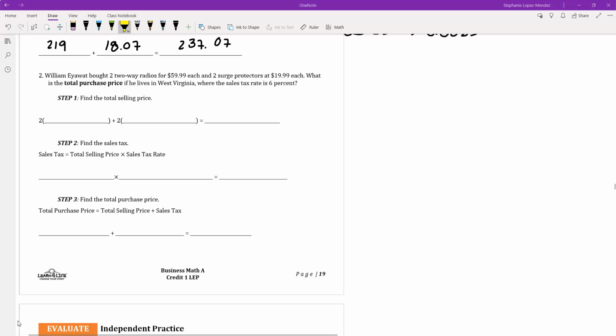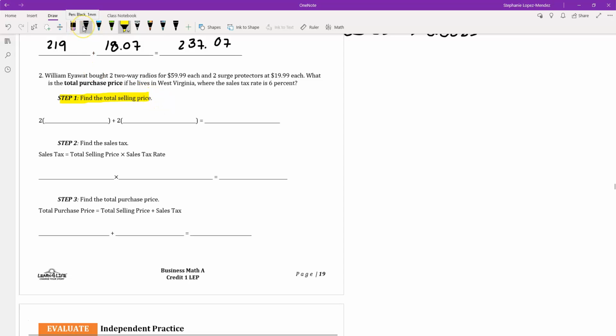Now we move to problem number 2. Here it says that William bought two two-way radios for $59.99 each and 2 surge protectors at $19.99 each. What is the total purchase price if he lives in West Virginia, where the sales tax rate is 6%? So again, remember step number 1, we need to find the total selling price.